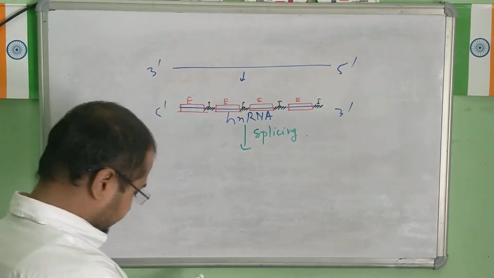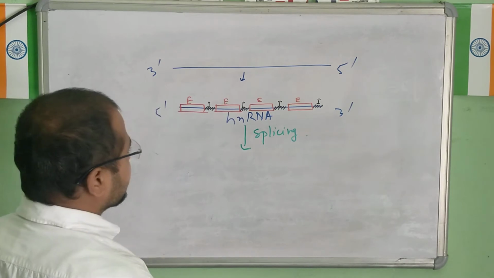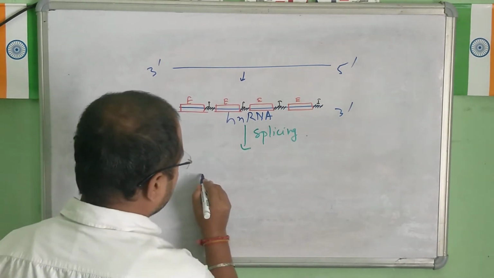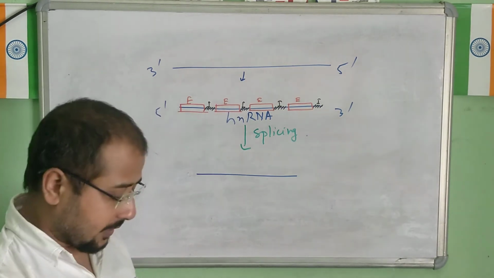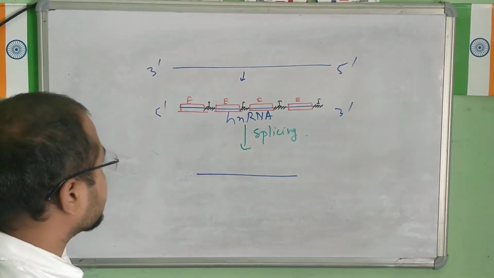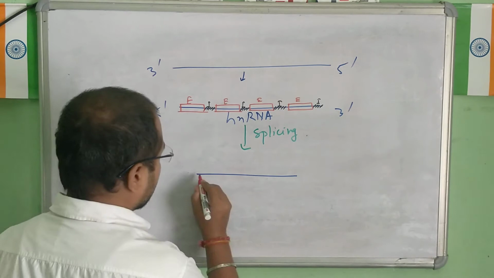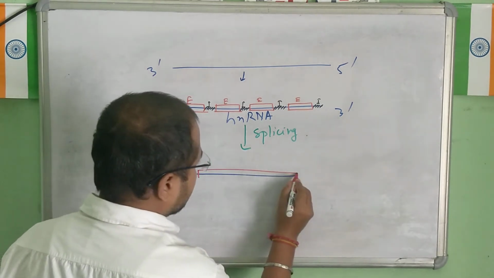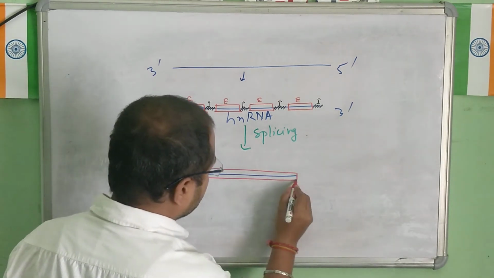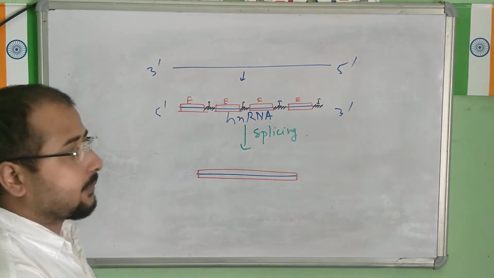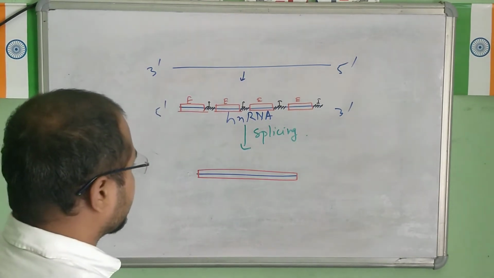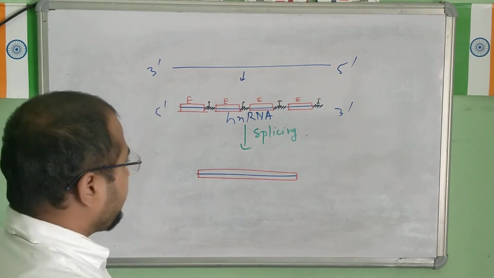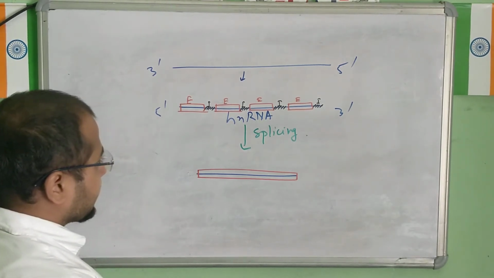So once the introns are removed, we see a comparatively smaller strand of RNA which consists of only the exons here. Entirely we see only the exons. No introns are here, introns are removed, so only exons. Clear?